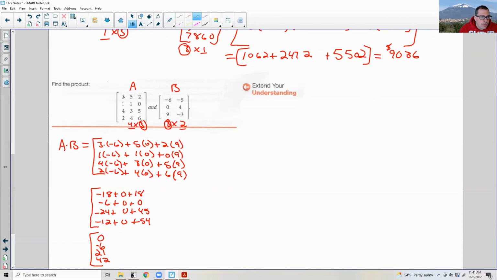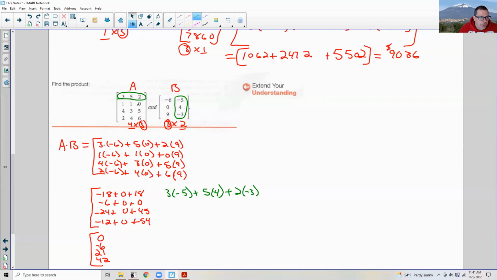And now we're going to multiply first row times second column. 3 times -5 plus 5 times 4, let me use parentheses, plus 2 times -3.